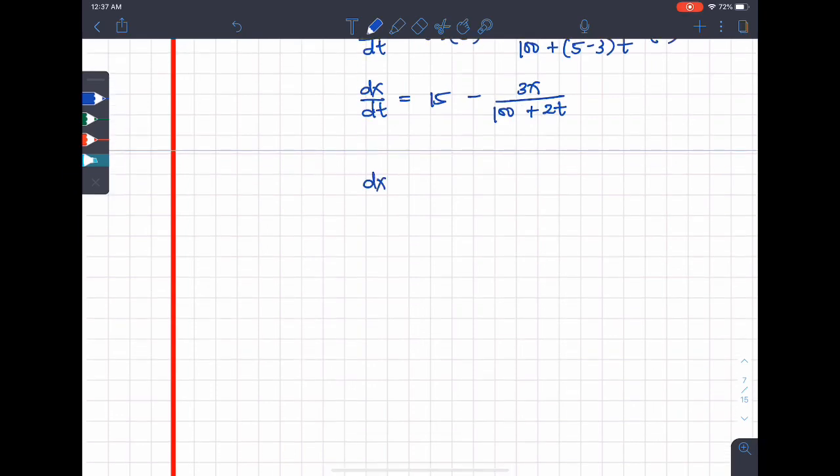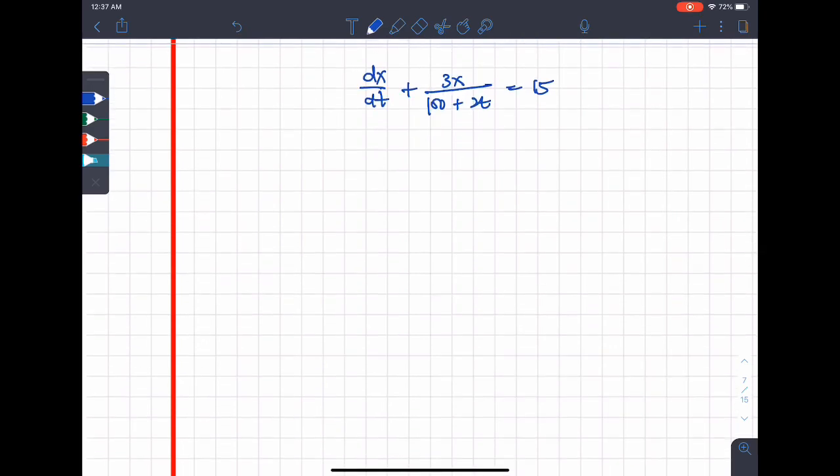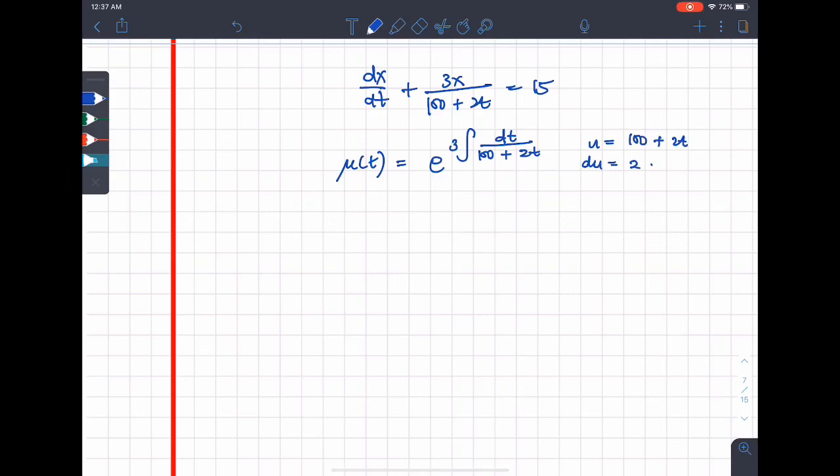Transform it into the standard form. dx over dt plus 3x over 100 plus 2t is equal to 15. Our mu of t would be equal to e raised to the integral of 3 dt over 100 plus 2t. So our u is 100 plus 2t, so du would be 2 dt.